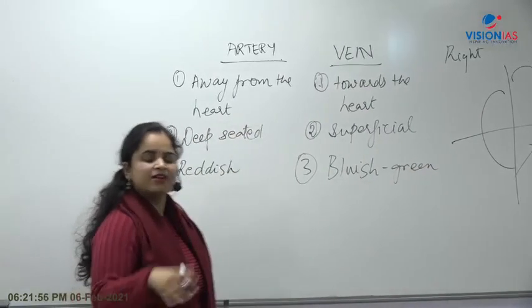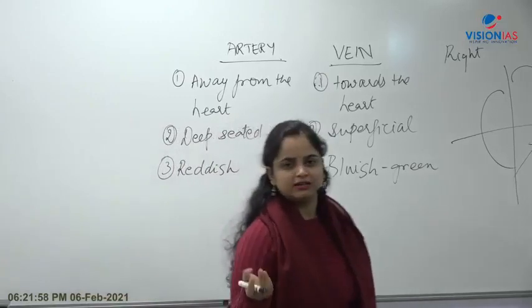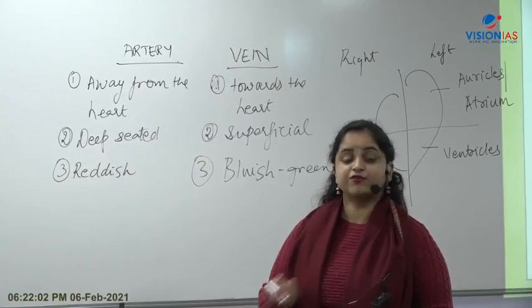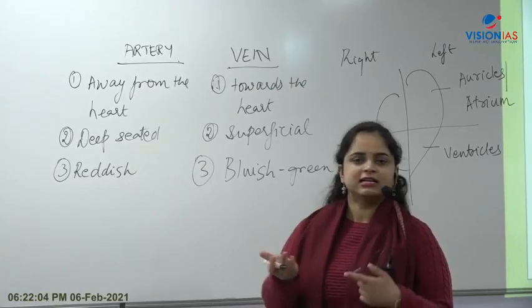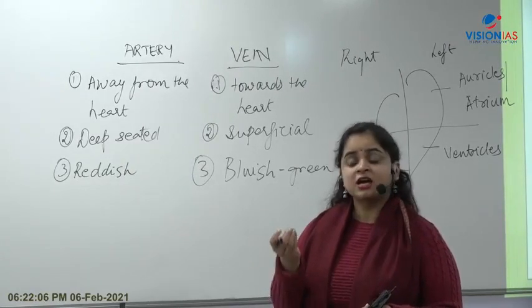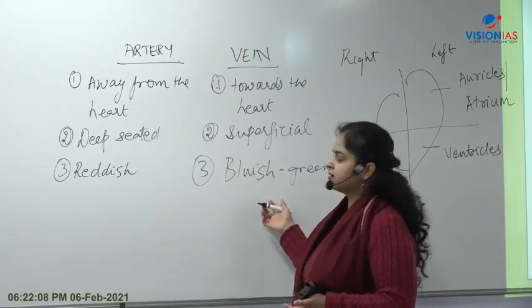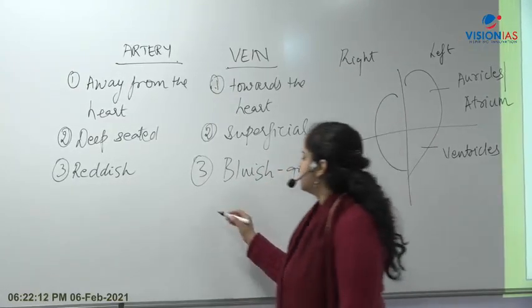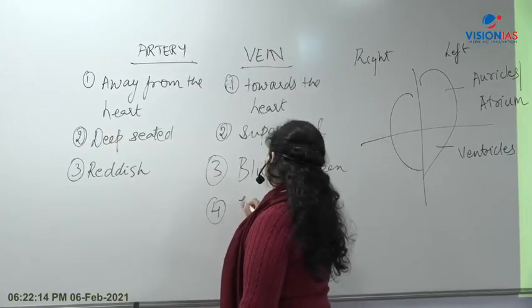Okay. Whenever you have to give blood for any reason, it's taken from your veins, right? If you have to get a test done or anything like that, it's taken out from your veins. So these veins, one advantage is that they are superficial. The second thing is that they are also thin-walled.